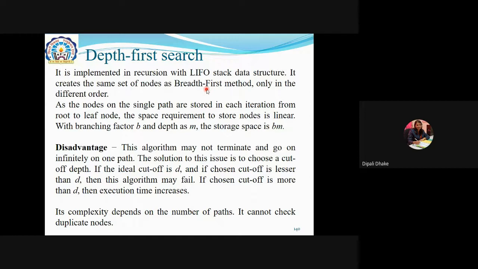This question was asked in previous university examinations. FIFO queue is used in the BFS and LIFO stack is used in the DFS. I will mark it here, it will be helpful for you. LIFO stack used in the DFS, and data structure also. Remember this word also.